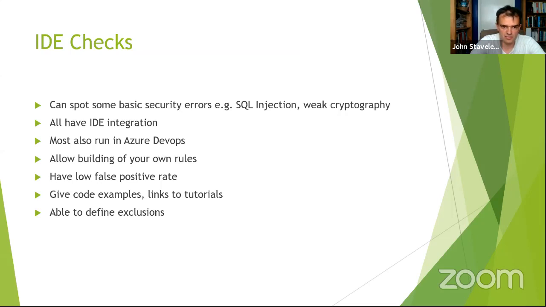So if a developer gets sloppy and forgets to look at the warnings, they'll get reminded in Azure Devops, and that will get audited. Some of the better ones allow building of their own rules. They should have a low false positive rate and give code examples and link to tutorials on how to solve security issues. And also define exclusions so you don't continuously get reminded about something that is not an issue.